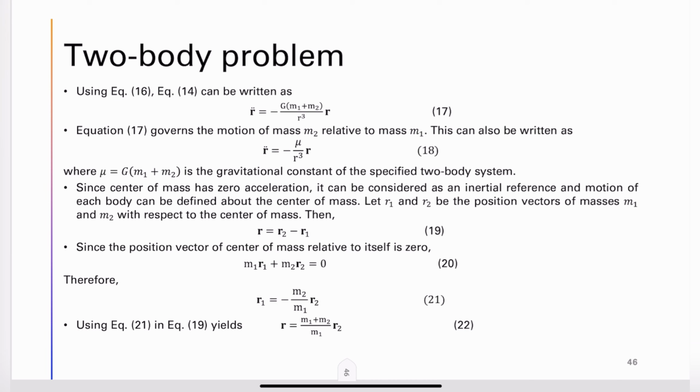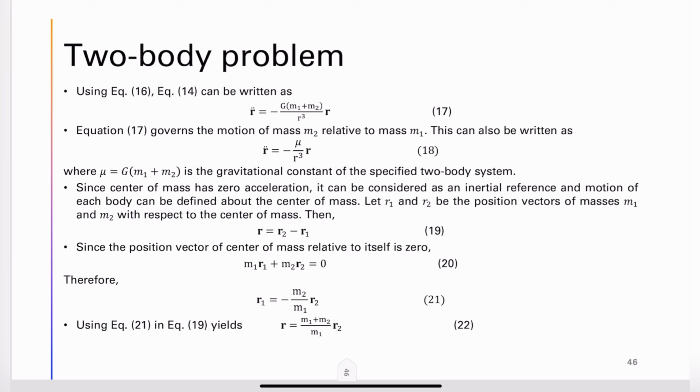So we are first deriving an equation where we are just finding the acceleration of the position vector, which can finally be written as r double dot is equal to minus mu divided by r cube into r, where mu is the gravitational parameter, equal to G into (m1 plus m2). It is a constant for a specified two body system because G is constant and m1 plus m2 is constant. Mass is not going to change.